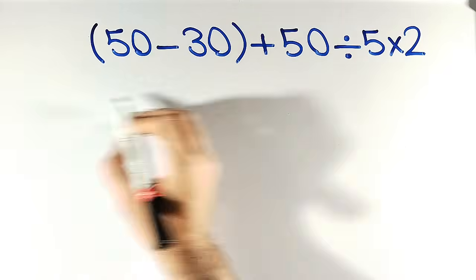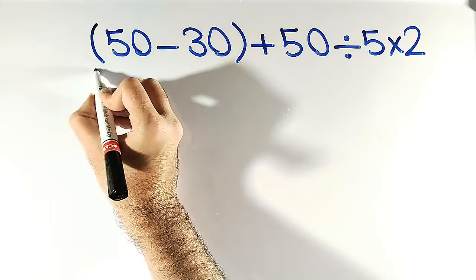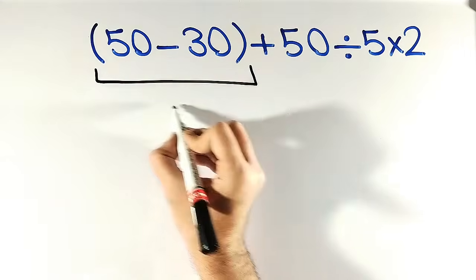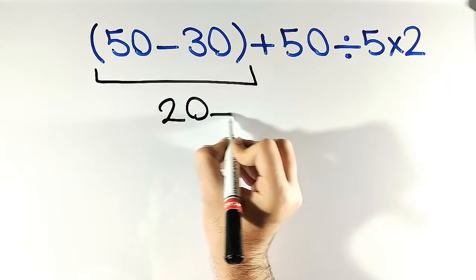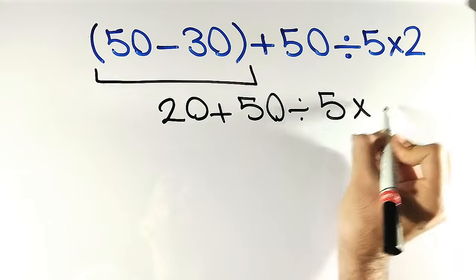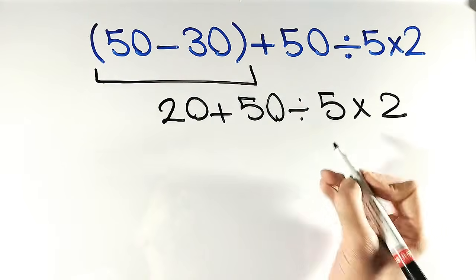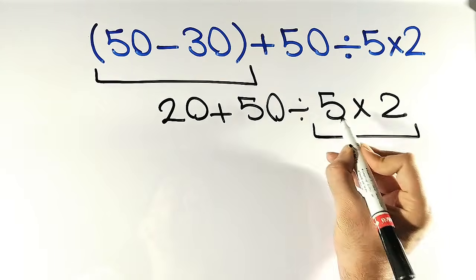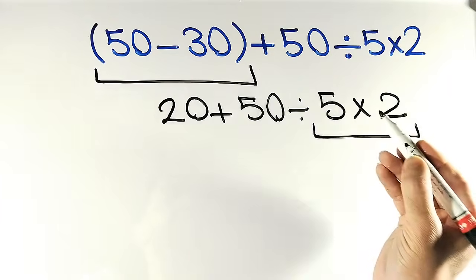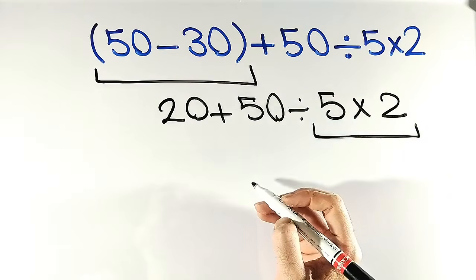Also, some other people when solving this question, again go straight to the expression inside the parentheses. And instead of this expression, they write 20 plus 50 divided by 5 multiplied by 2. And the next step, they go for the multiplication between 5 and 2 because they think multiplication has a higher priority than division.